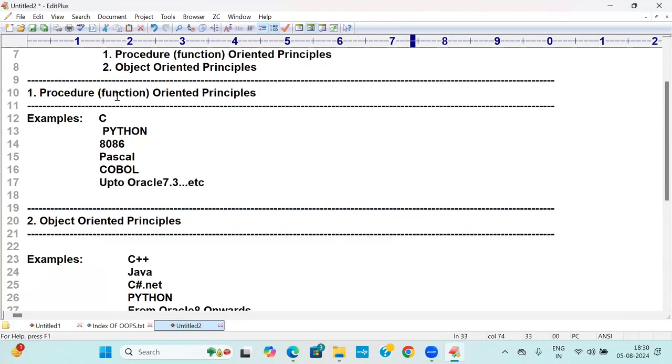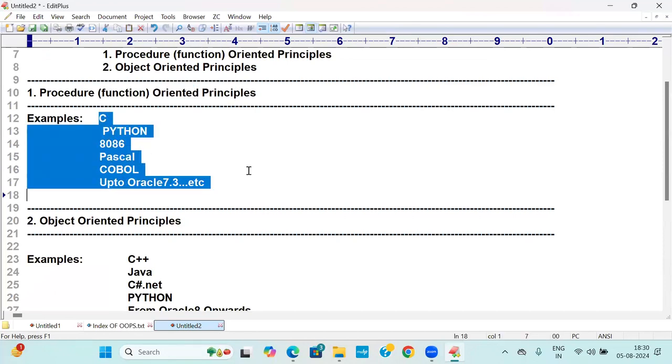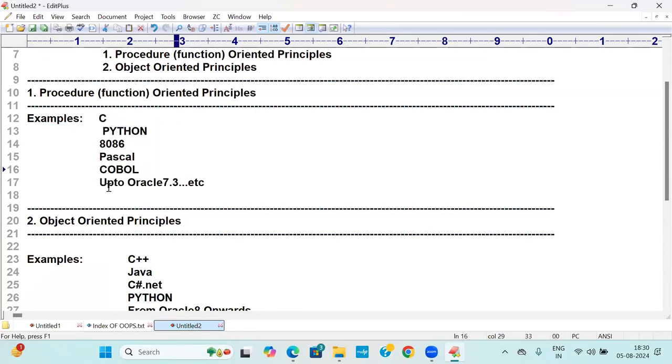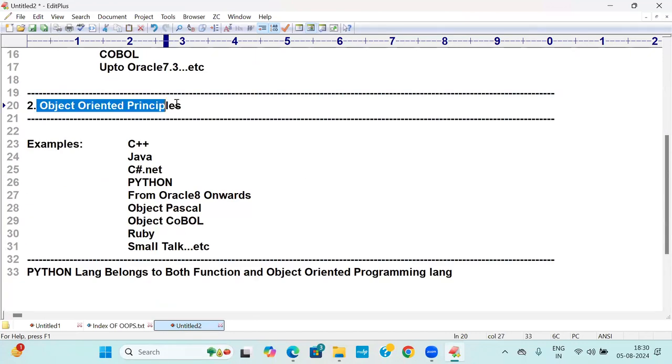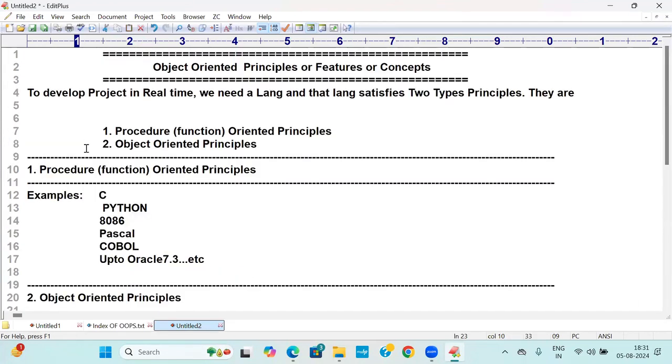If any language satisfies functional oriented principles, we call it a functional programming language. If any language satisfies object oriented principles, we call it an object oriented programming language. Languages are of how many types? Two. What is the first one? Functional programming language, object oriented programming language.